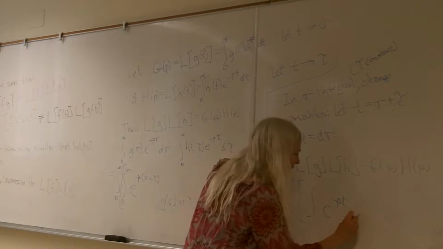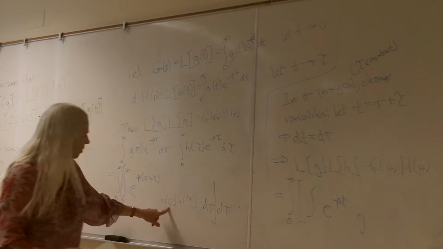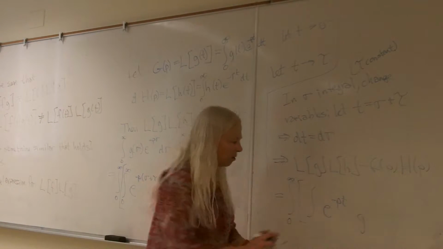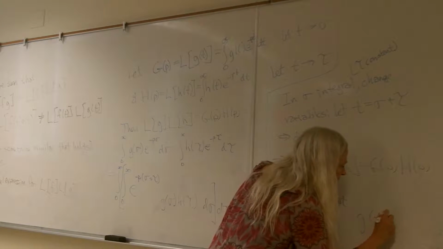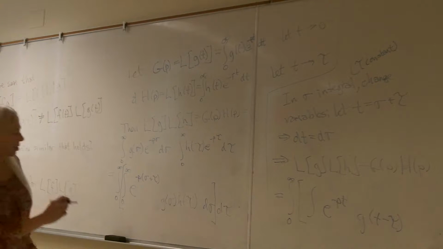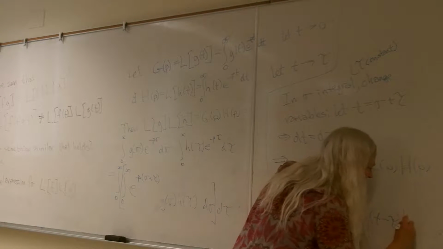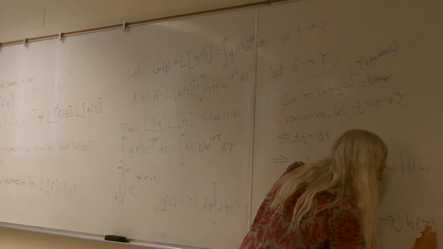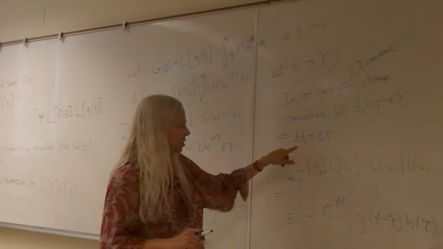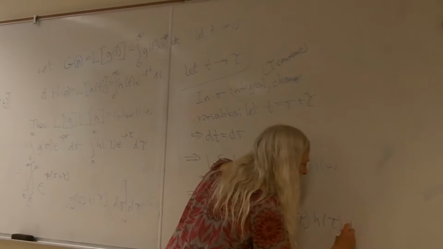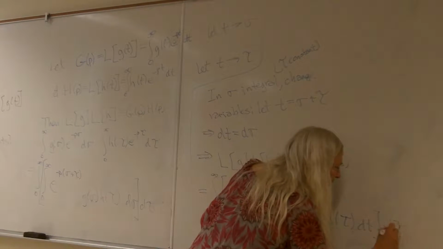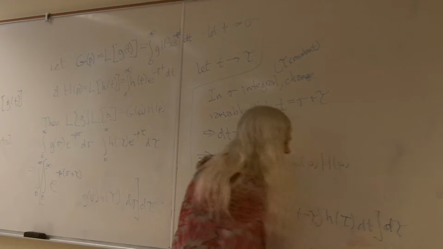And our function g, which had sigma as its argument here. Sigma is t minus tau, so that's the new argument written in terms of our changed variable. H of tau stays as it is. And then the d sigma is replaced by dt. And that's the inner integral, and then we still have the d tau for the outer integral outside the brackets.